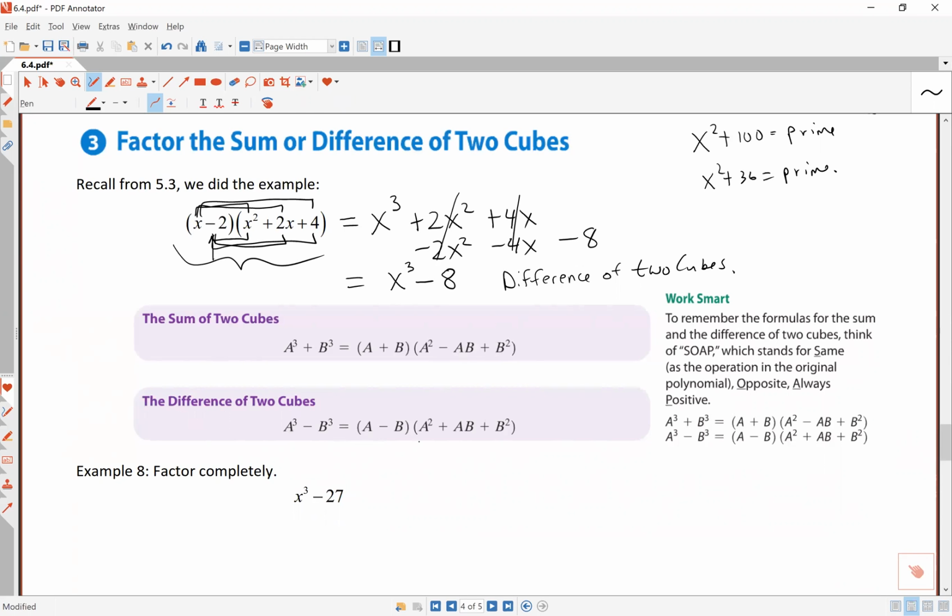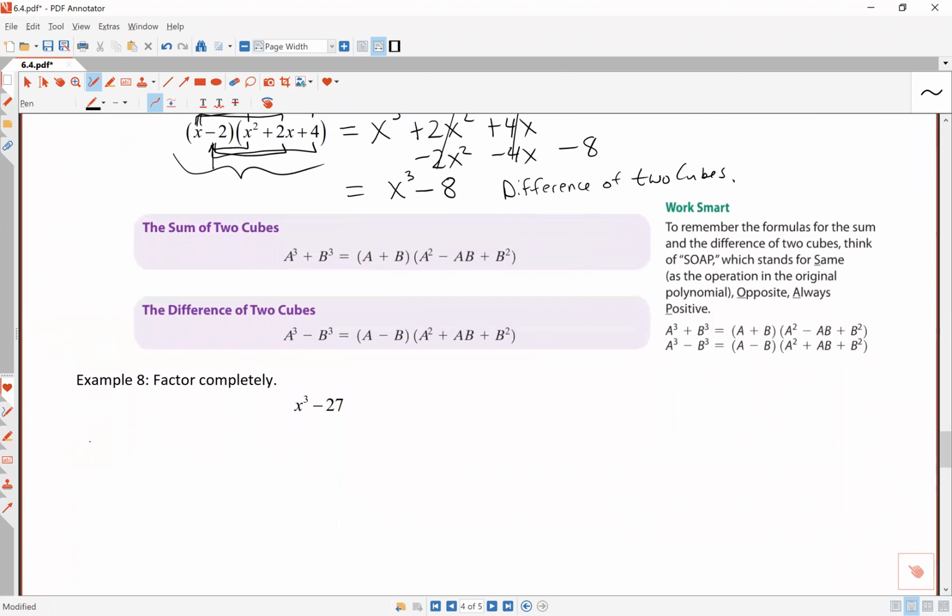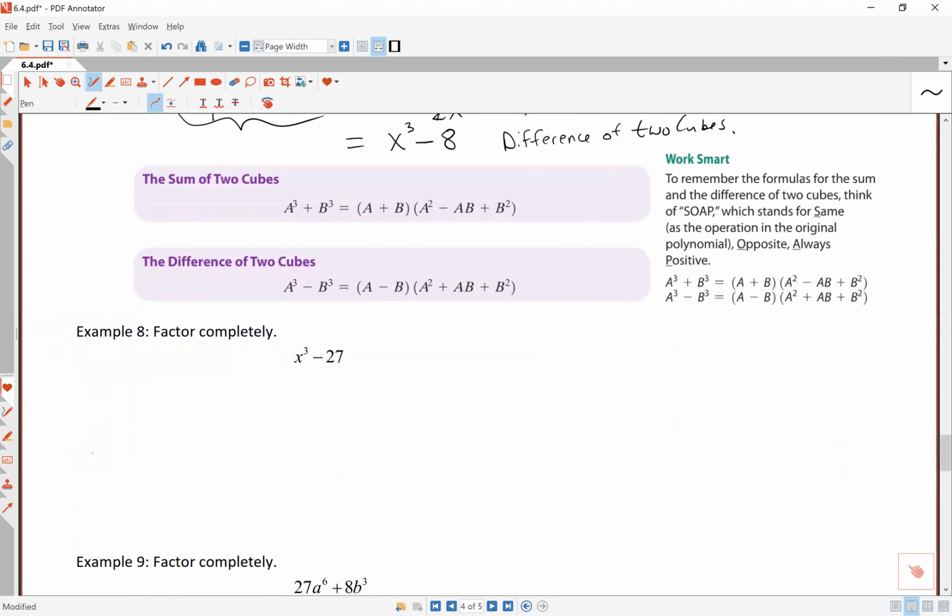So I say there's two parts to factoring the sum or difference of two cubes. The first one is how you recover your a and your b. Then you square the a, take the product of the a and the b, and square the b.